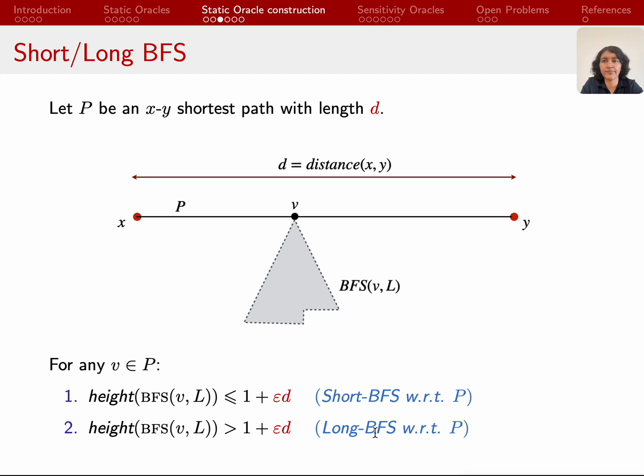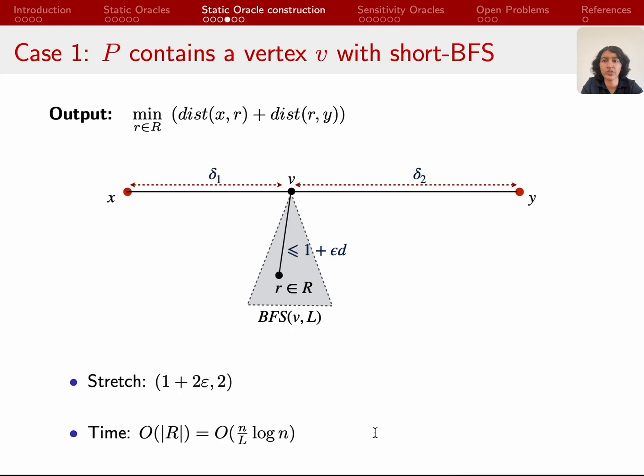Now our algorithm is divided into two cases depending upon whether the vertices on the shortest path have short BFS or long BFS. Case 1 is that P contains a vertex v which has a short BFS. Suppose this is a shortest path between x and y, and there's a vertex v whose partial BFS tree has a height at most 1 plus epsilon d.